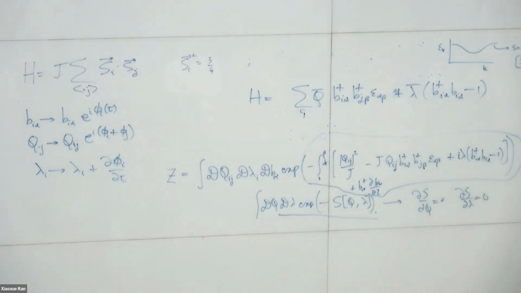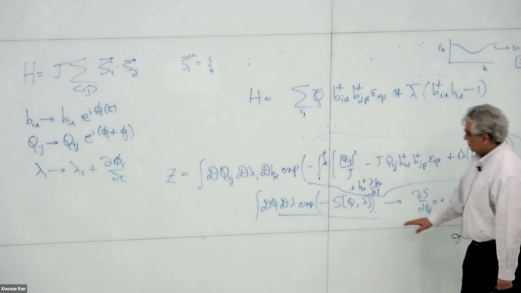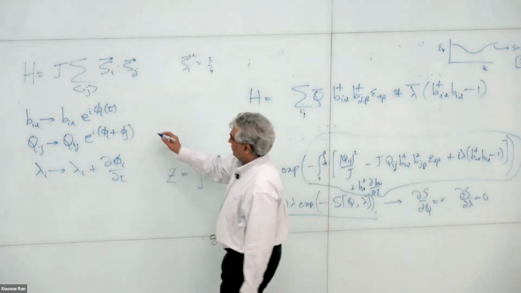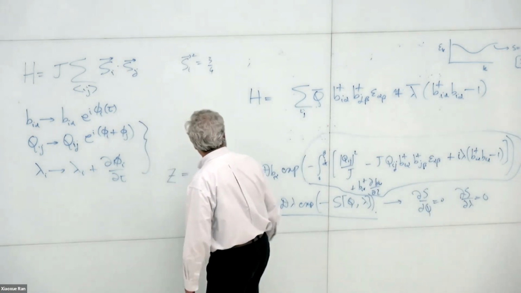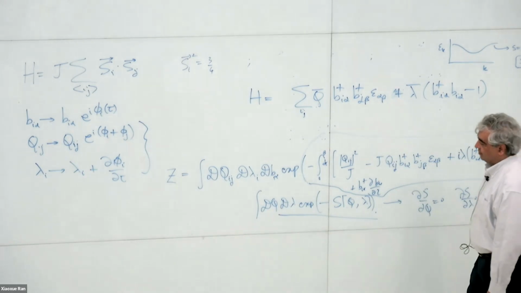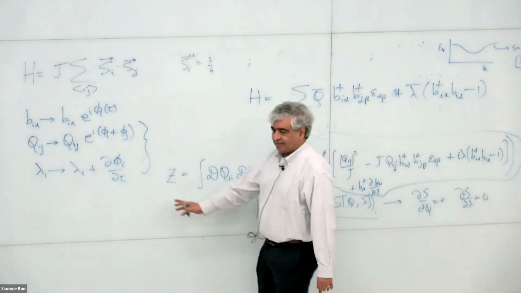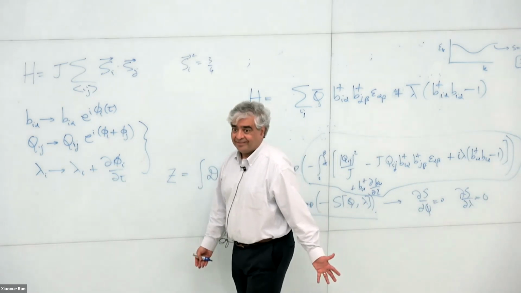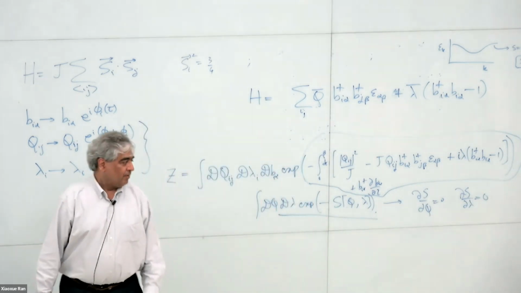So this must mean that this action here must also be invariant under these two transformations. So this is a very complicated action, hard to write down, but whatever it is, it must be invariant under these transformations if you did your path integral over B correctly. Okay. All right.